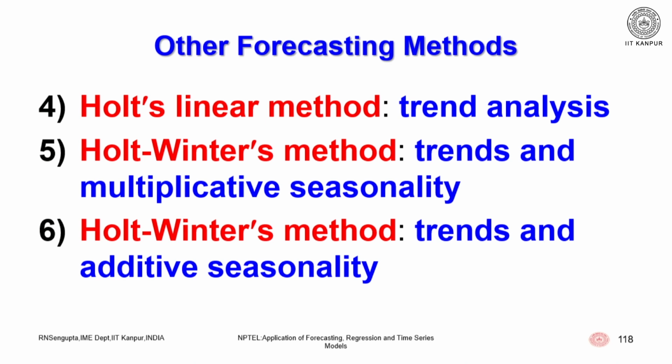That means the seasonality increases using a multiplicative factor. While the sixth method is also the Holt-Winters method, where we try to find out the trend. Yes, we try to find out the seasonality, yes, but the seasonality does not increase by a multiplicative factor, it is additive, it keeps adding such that we are able to find out the seasonality.